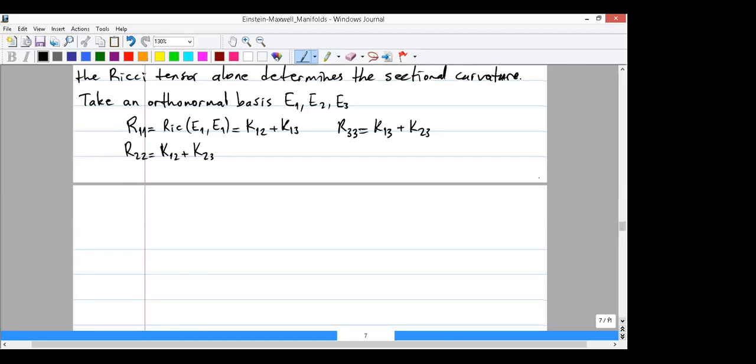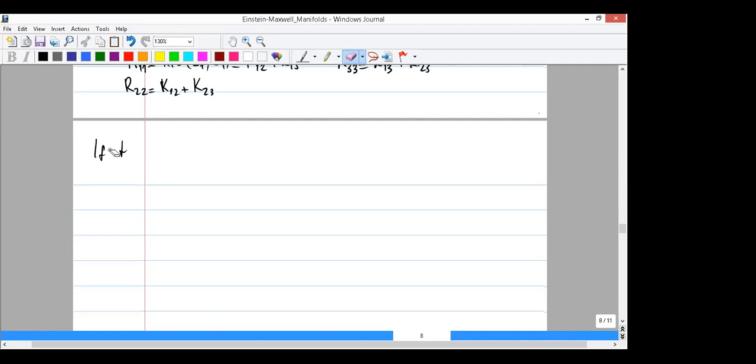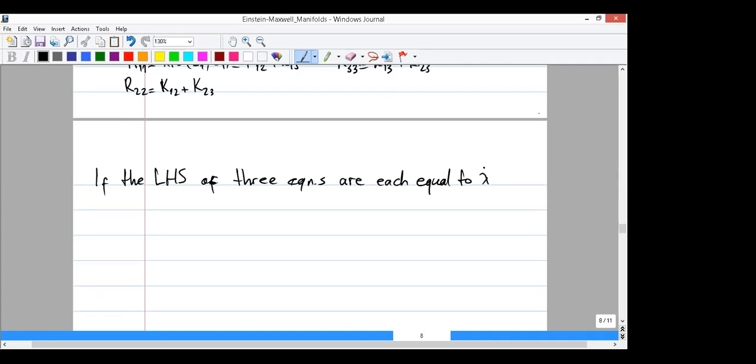Okay, the last thing that we are going to mention: if the left-hand sides of these three equations are each equal to lambda, then what do you obtain?